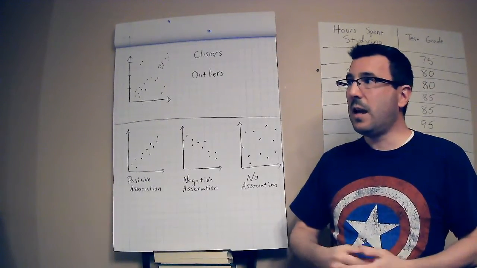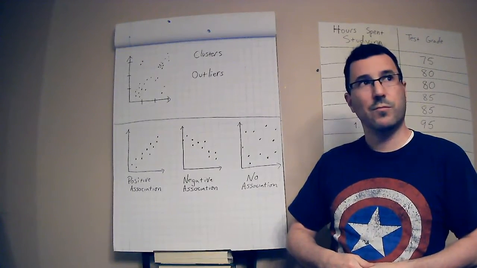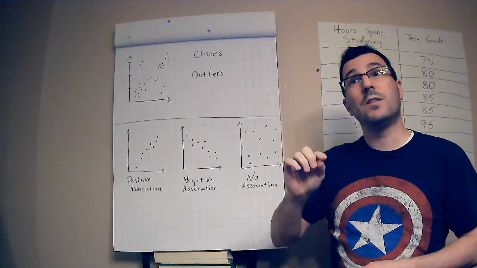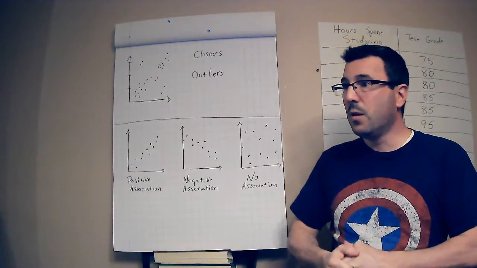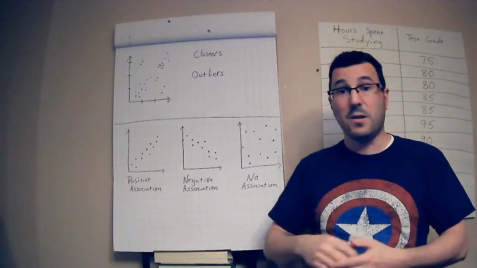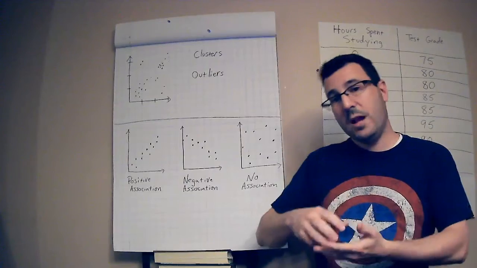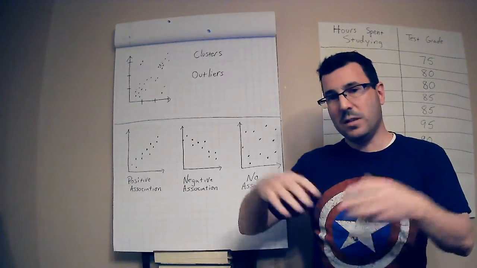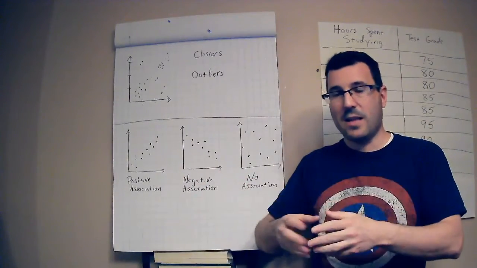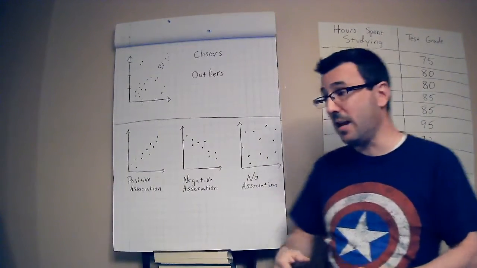But a negative association would be something like the amount of time that passes and the weight of something that's drying. So time is increasing, but the weight of something that's drying, since the water is leaving and evaporating, would just go lower and lower. So that's a negative association.